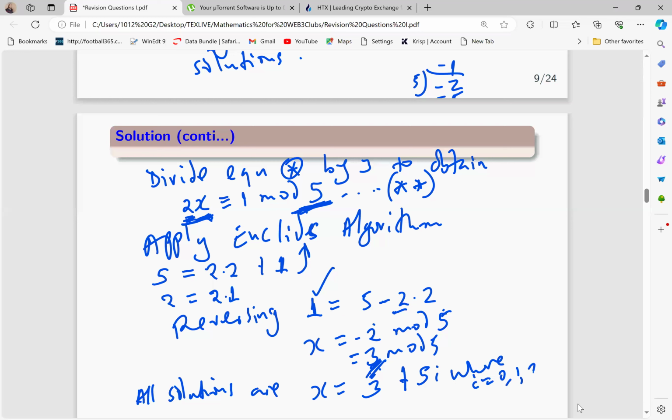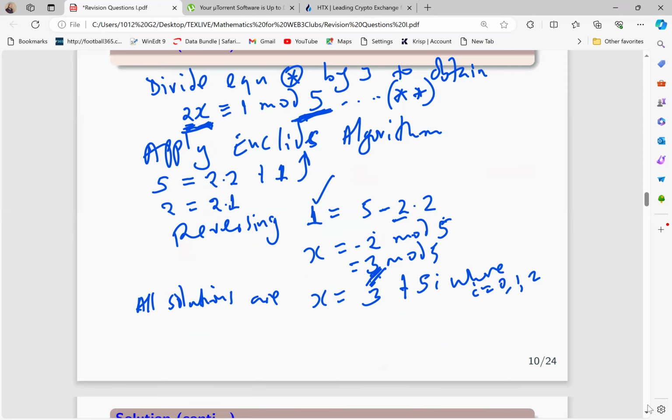When i is 0, x is 3. When i is 1, x is 8. Is that okay? And when i is 2, x is 13. Those are the 3 solutions. Any question? Those are the 3 solutions to the original equation.